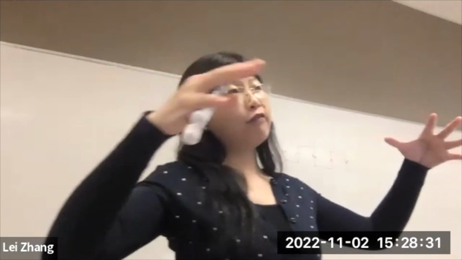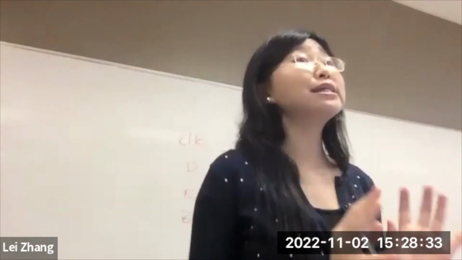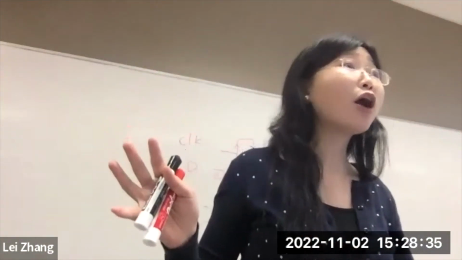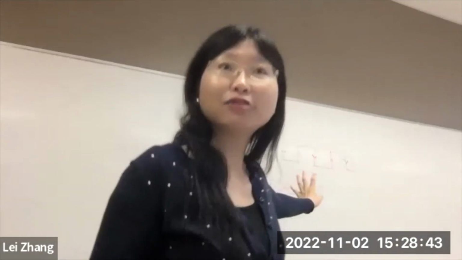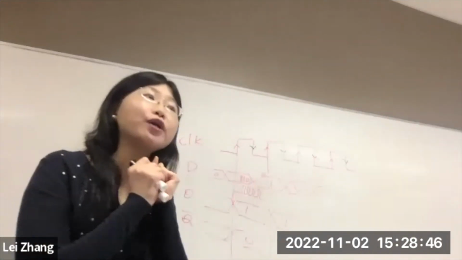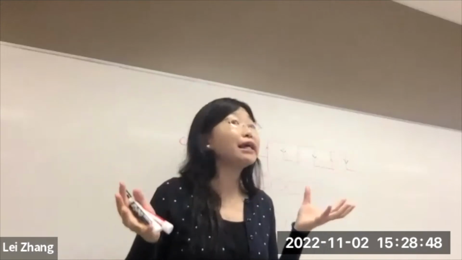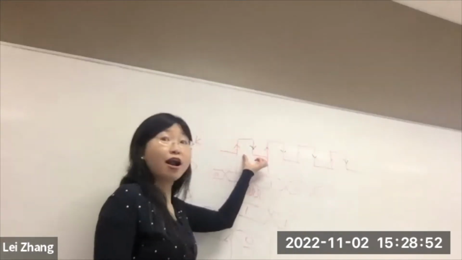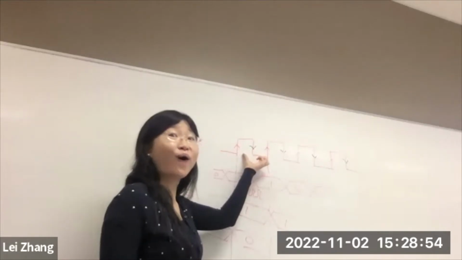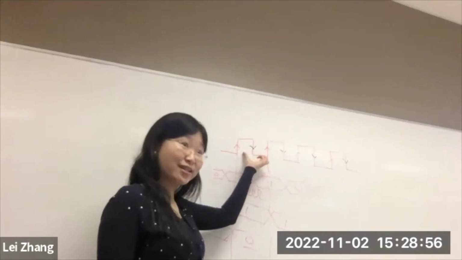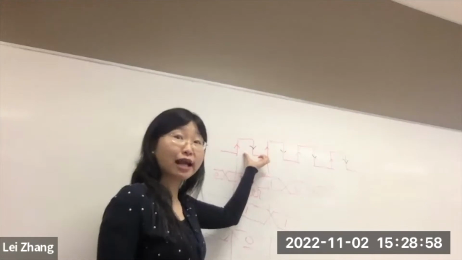If you have many of them in the design for very complex logic, then that will introduce a lot of propagation delay. That will affect the speed. Then we have to make sure that all those propagation delays combined together are smaller than 1 clock cycle.